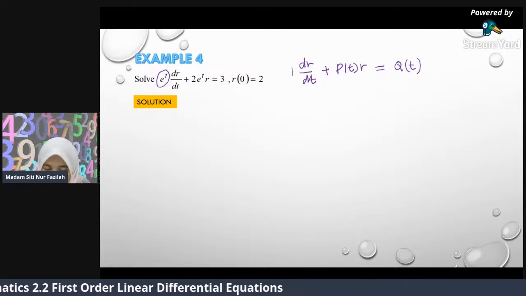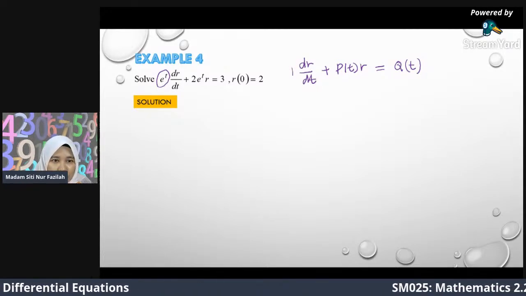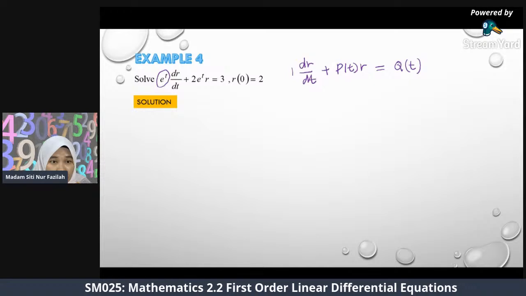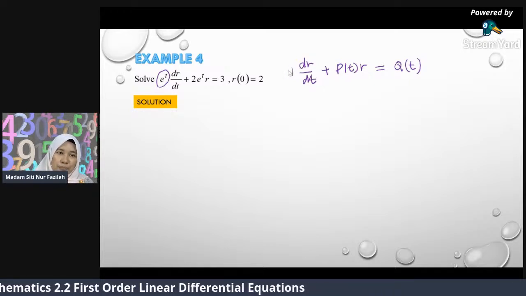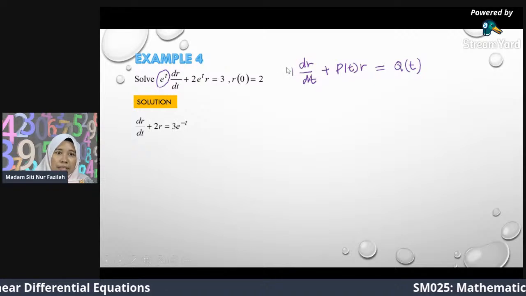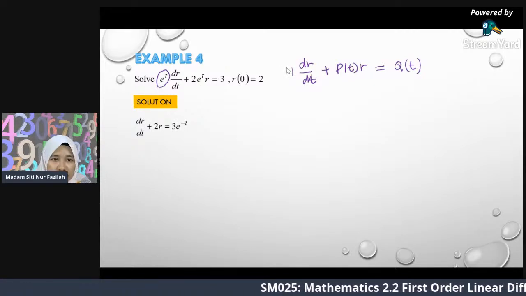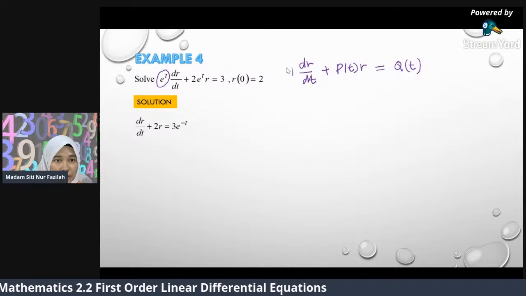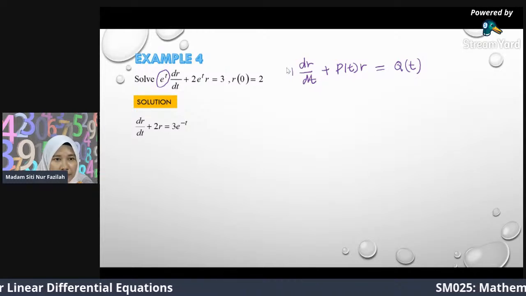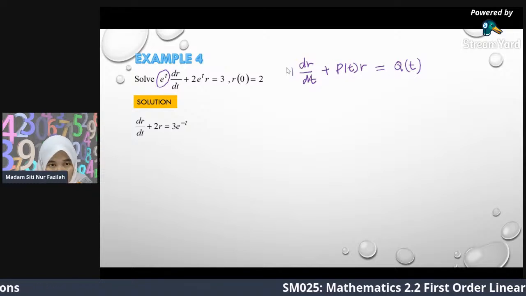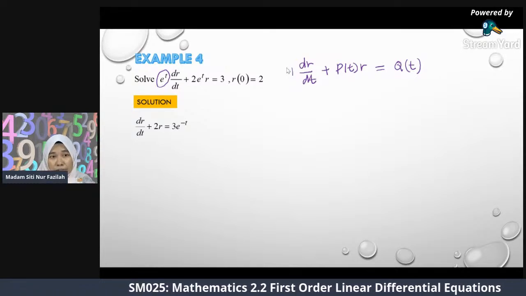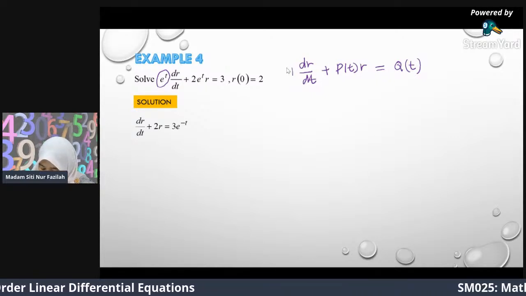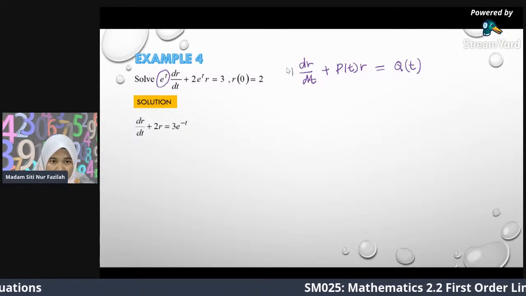We need to make that coefficient one, so we need to divide both sides by e^t. That way we get dr/dt + 2r = 3e^(-t).